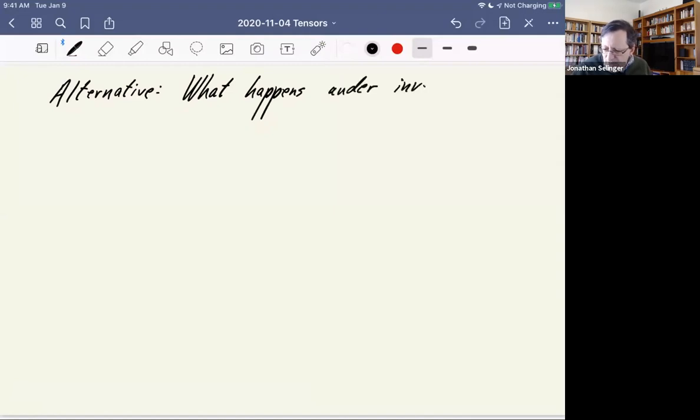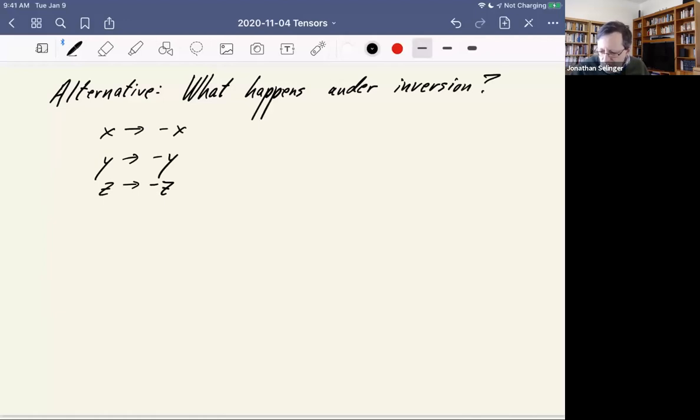So an inversion means a transformation of coordinates where x goes to negative x and y goes to negative y and z goes to negative z. So it's taking your coordinate system and flipping it inside out, right?